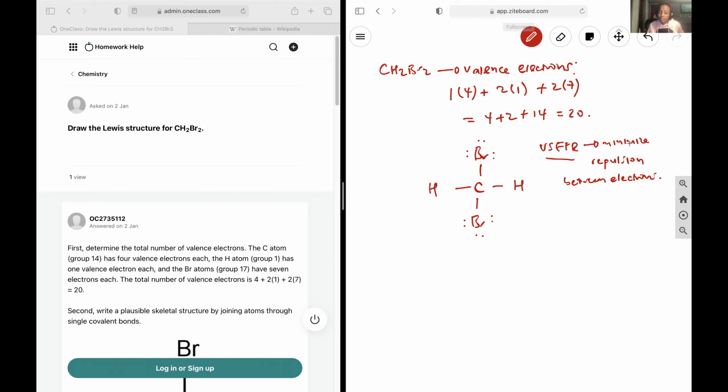And so if we don't minimize that repulsion, then we're not minimizing the energy of the molecule. In this case, I want the bromines across from each other because these lone pairs, if they're next to each other, would repel each other a lot. So we want to keep them as far away from one another to minimize that repulsion. And so this would be the best answer if you just leave it like that.